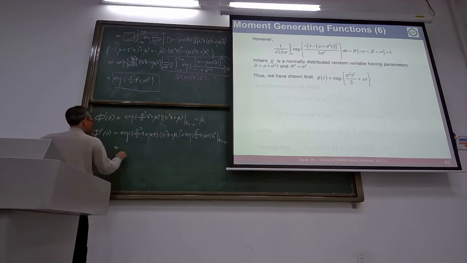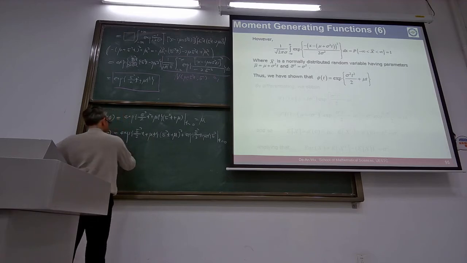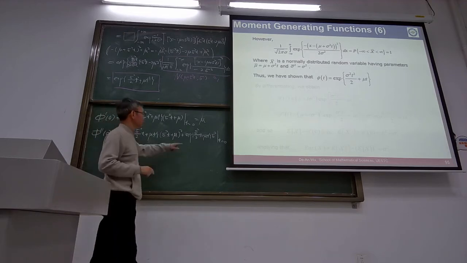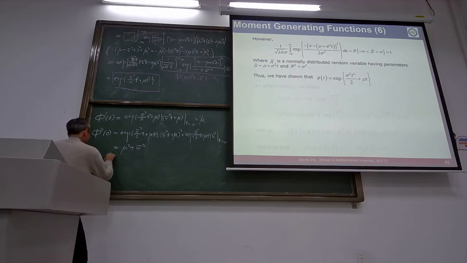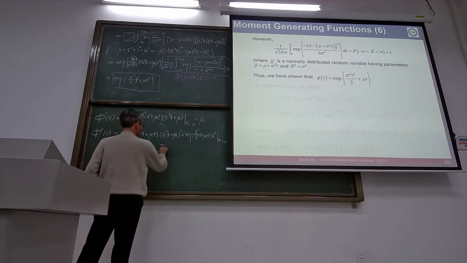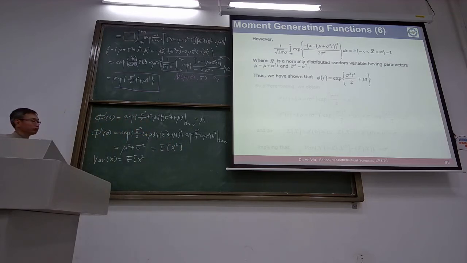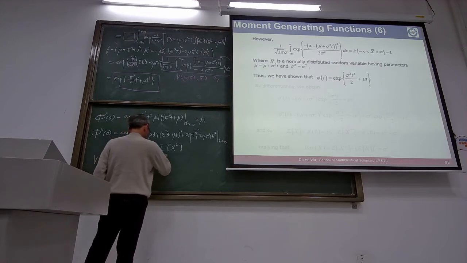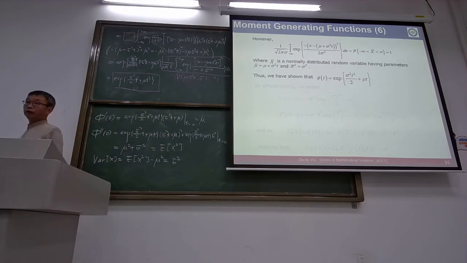This is mu squared plus sigma squared. And then the variance of x equals this, the second moment, minus mu squared. Okay, finished. There it is. Can you follow me?